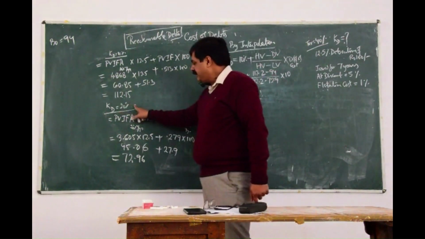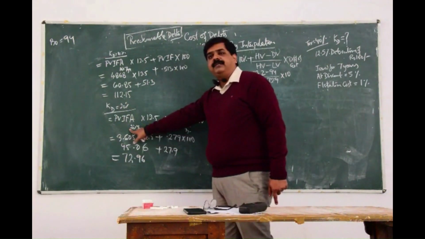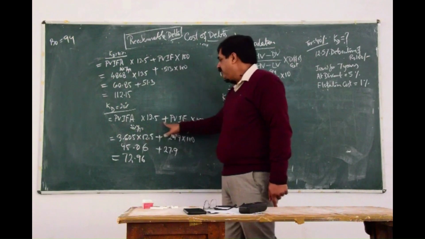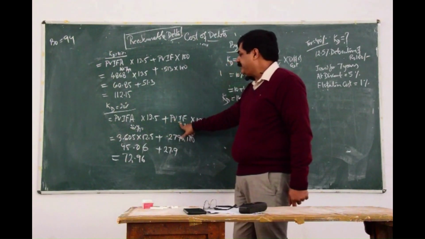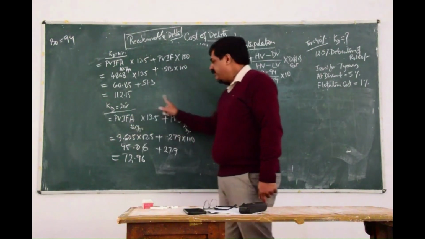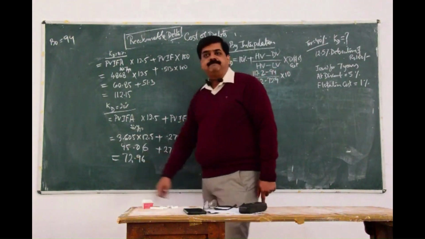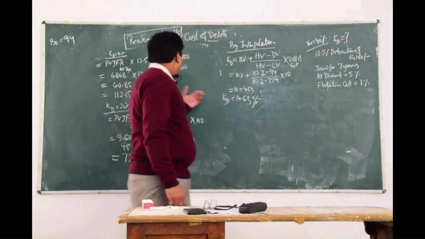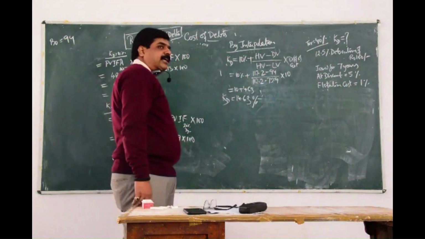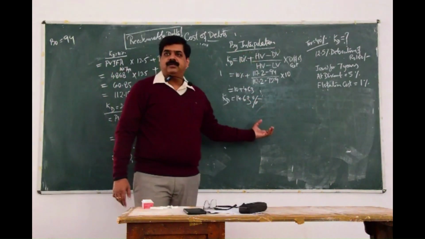Then for 20%, again for 7 years, multiplied by the present value interest factor. Remember this thing, again I am saying, annuity and without annuity. And we get 72.96, the same thing as here. That means we get these two values, and in between at 94, we apply interpolation and we get the same result.